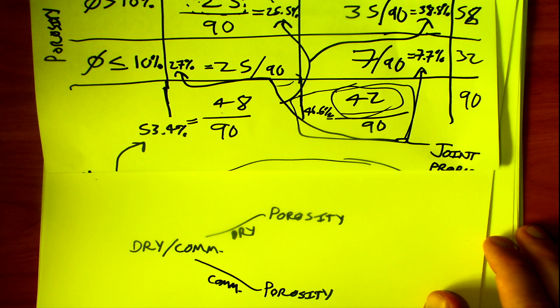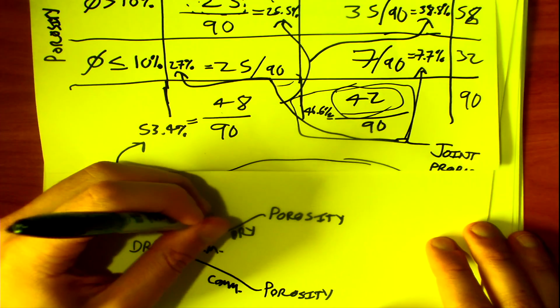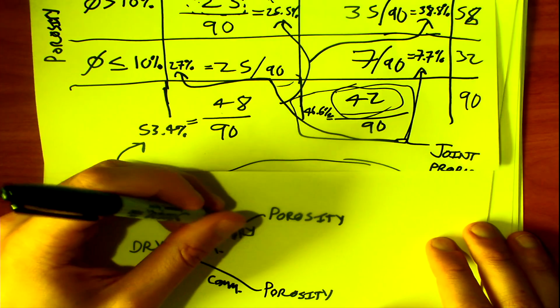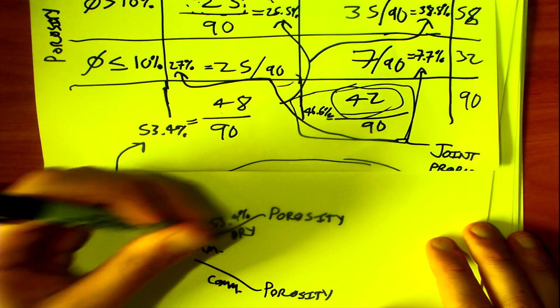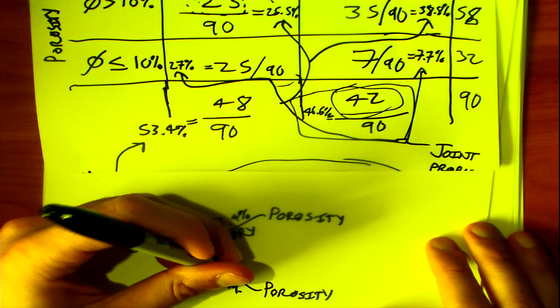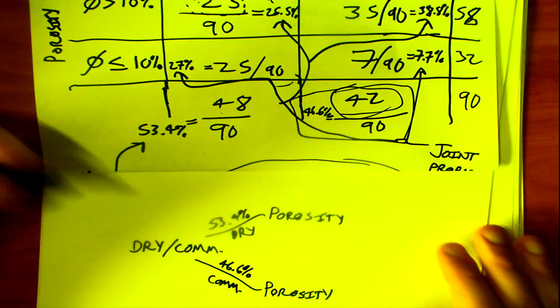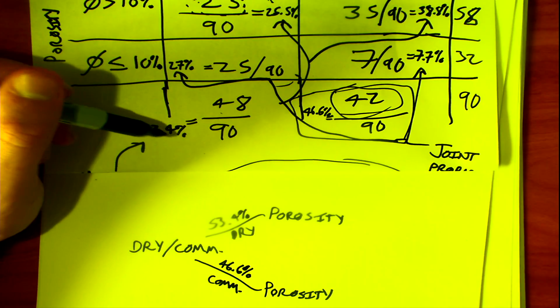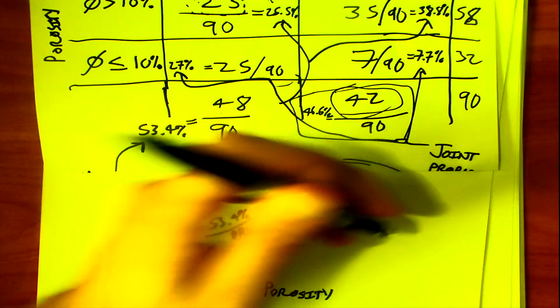Remember, we're assigning probabilities, and have 90. Okay, so let's say 53.9%, 50.4%, and 46.6%. So we're using the marginal probabilities because that's the condition that we're describing.